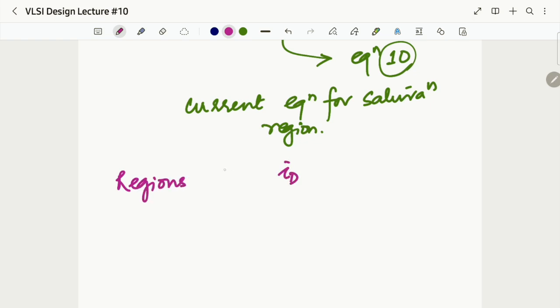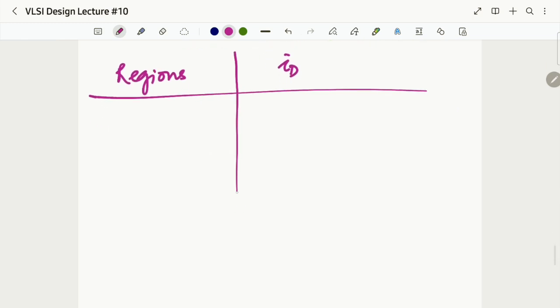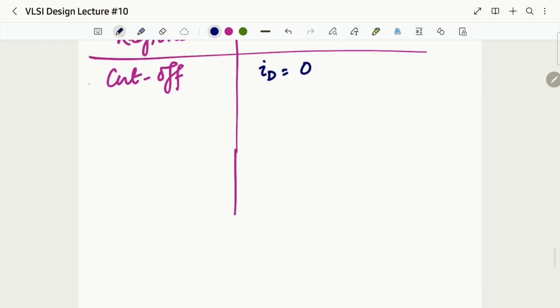Okay, and at the end simply I'll write down the regions and ID. Okay, first is cutoff. What is my ID value? 0. Second is my linear. What is my ID?